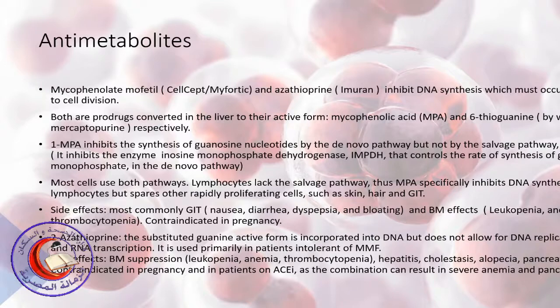So by inhibiting DNA synthesis, they inhibit cell division. Both are prodrugs. They are not active drugs. They are converted in the liver to their active form, mycophenolic acid and 6-thioguanine, respectively. Azathioprine is converted first to 6-mercaptopurine and then 6-thioguanine.